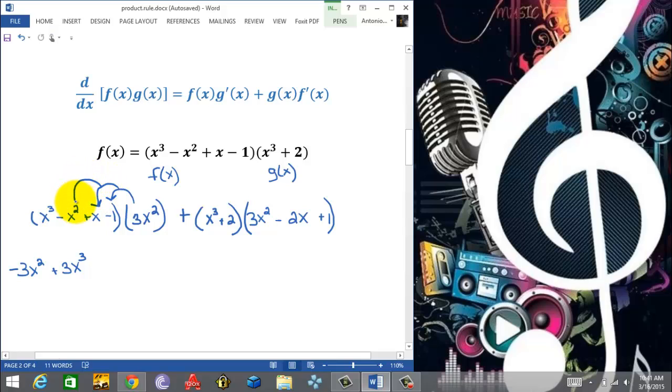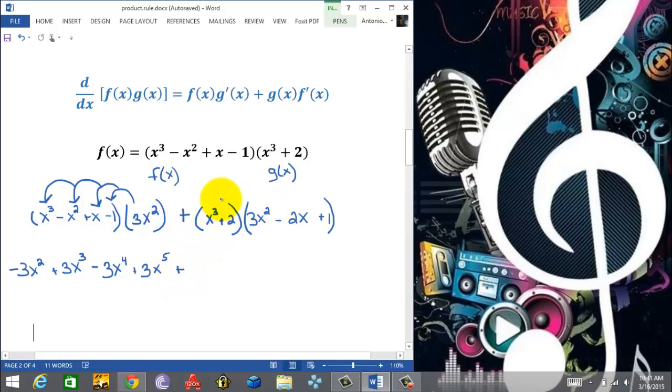Going to multiply times negative x squared. It's going to make negative 3x to the fourth power. And then times positive x to the third power means 3x to the fifth power. Alright, so I got this first half done. Now it's plus whatever happens on the other side.